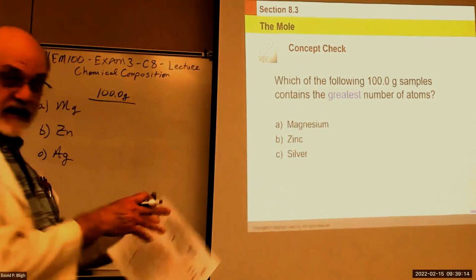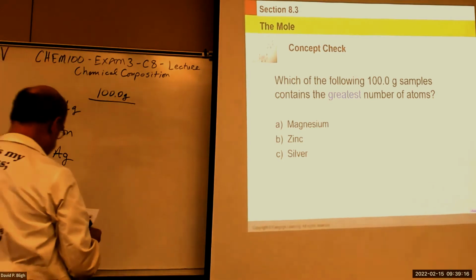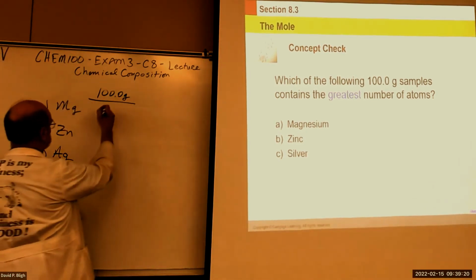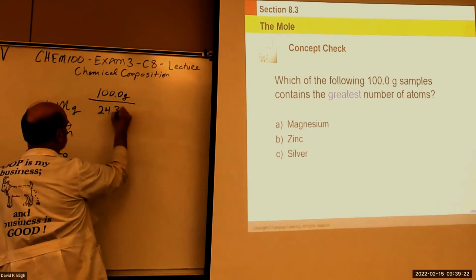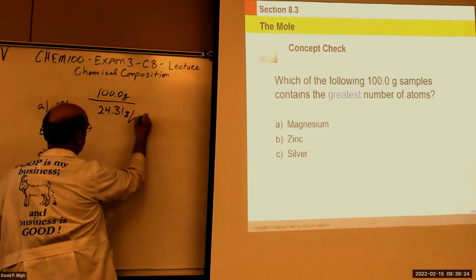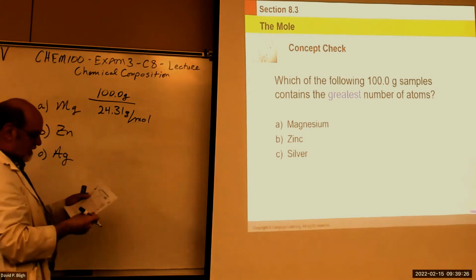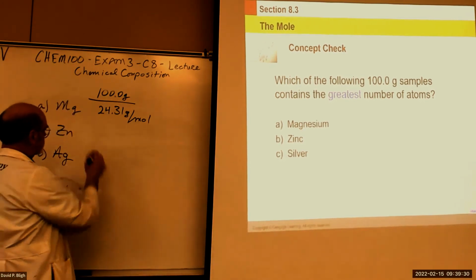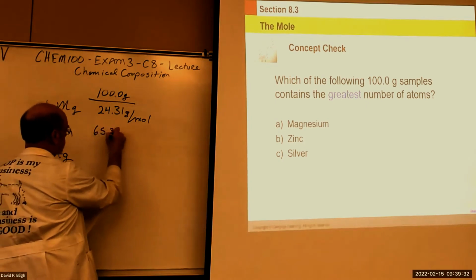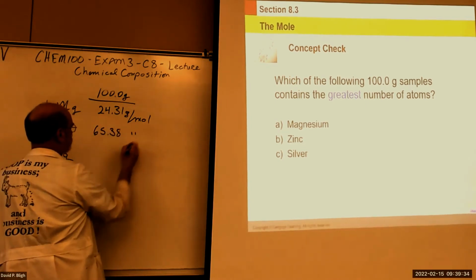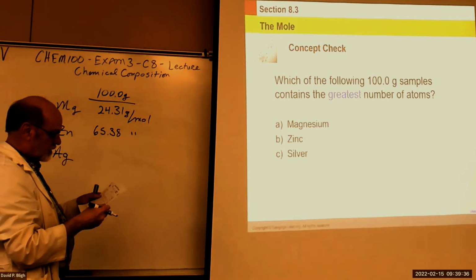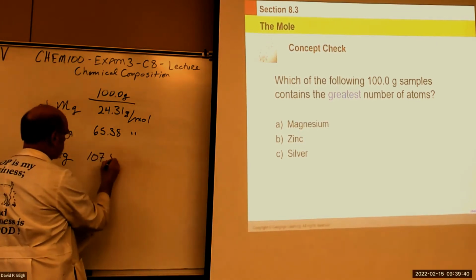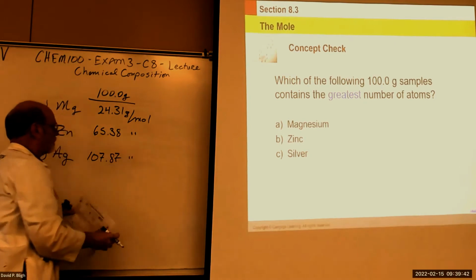Right? So I take the periodic table and I'll say magnesium is 24.31 grams per mole. Zinc, transition metal, 65.38 grams per mole. And silver, 107.87 grams per mole.